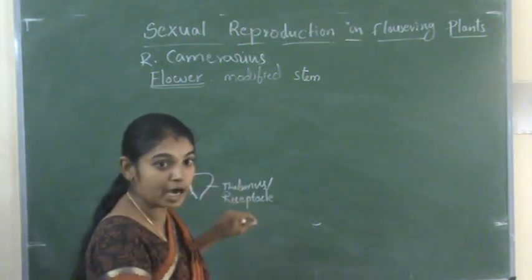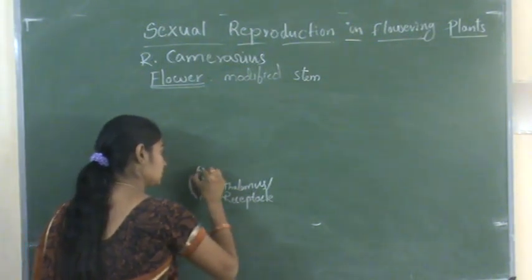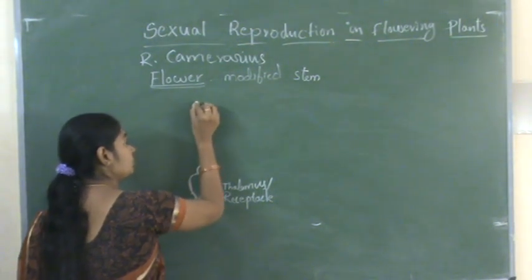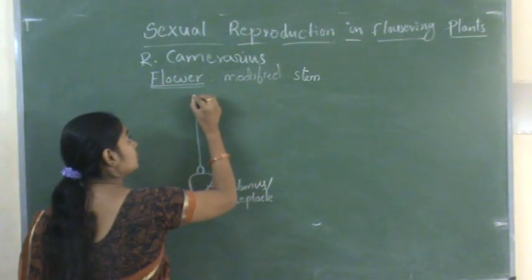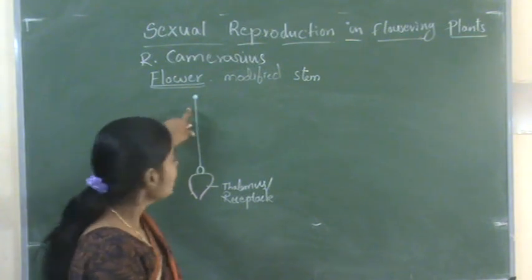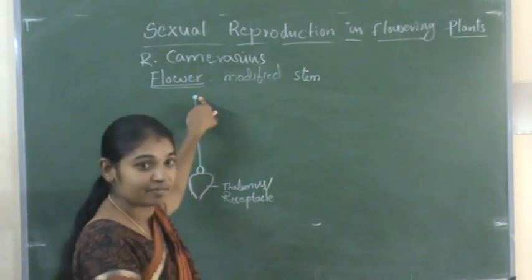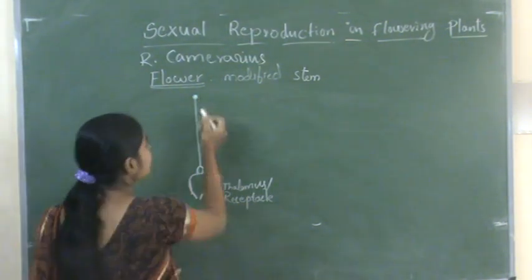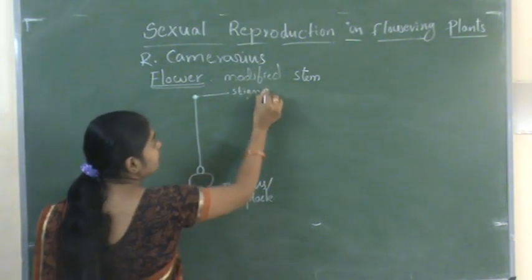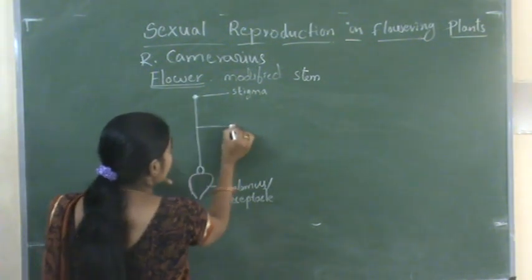If you see the parts of the flower one by one, the innermost one is the pistil, or female reproductive part of the flower. At the topmost, a bulb-like or flat structure is known as stigma, and a long thread-like structure is known as style.